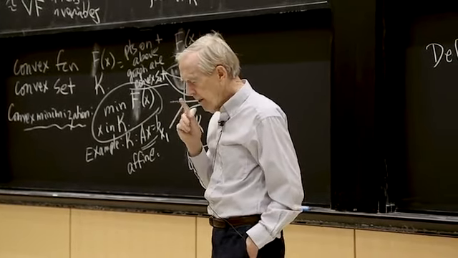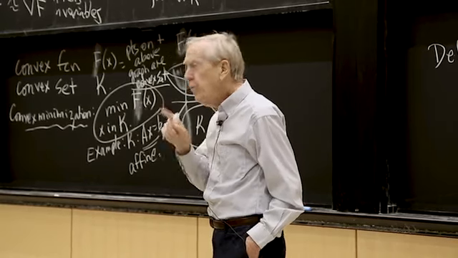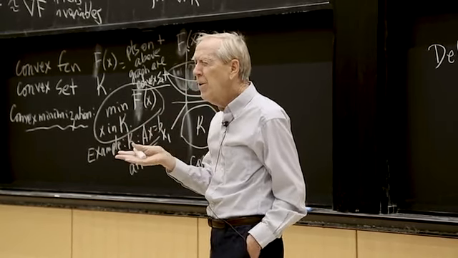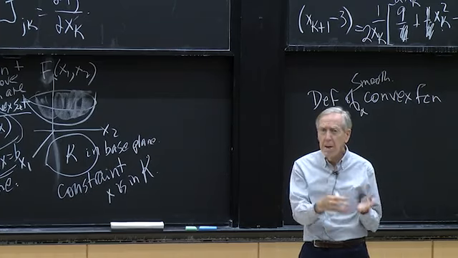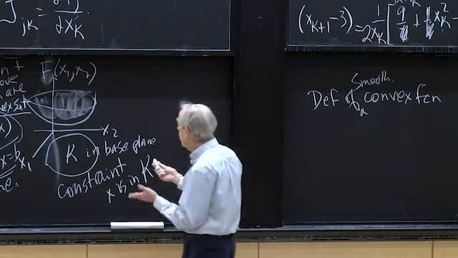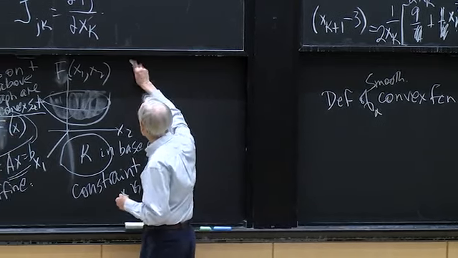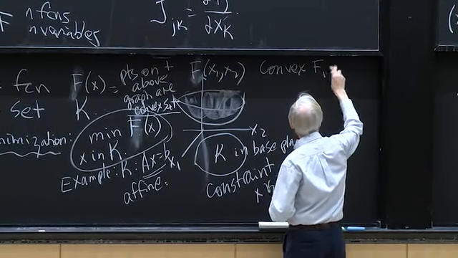Because I would like to think about two functions, f1 and f2. Out of two functions, I can always create the minimum or the maximum. So suppose I have two convex functions f1 and f2.